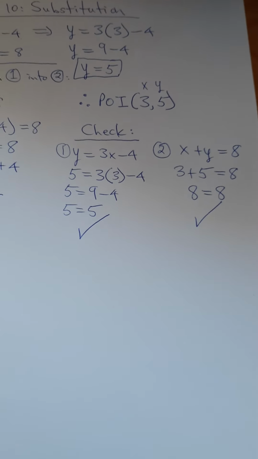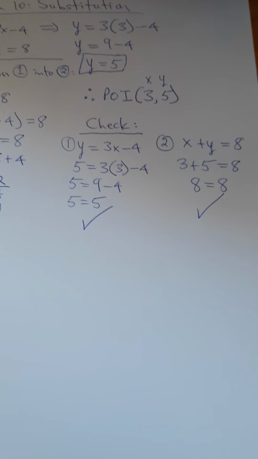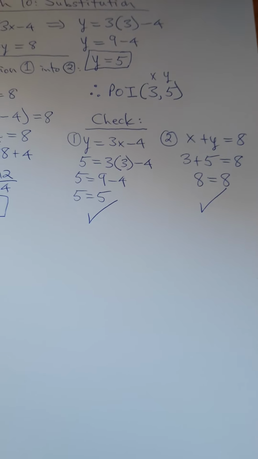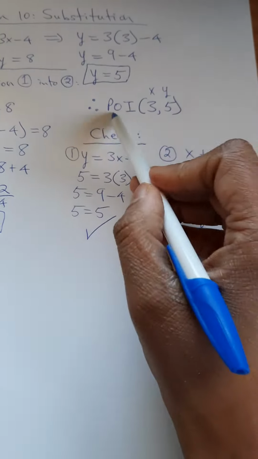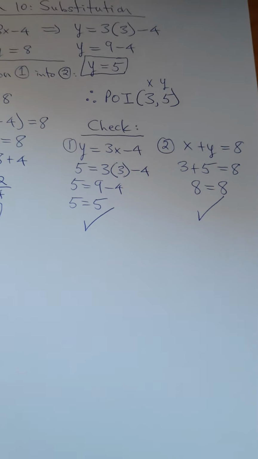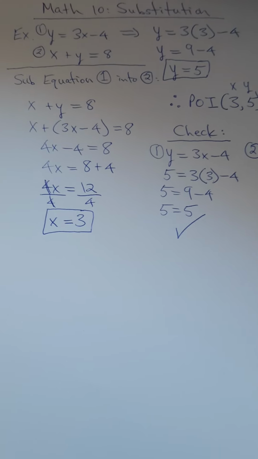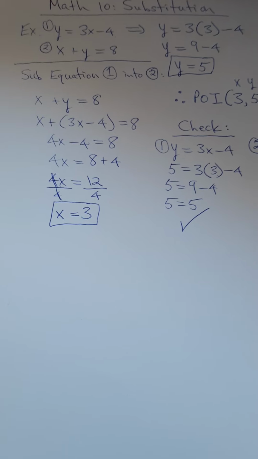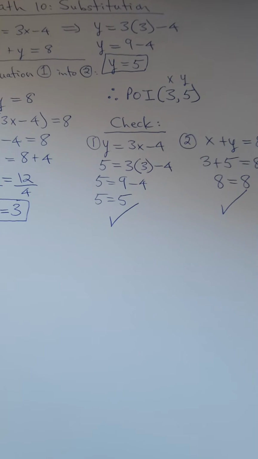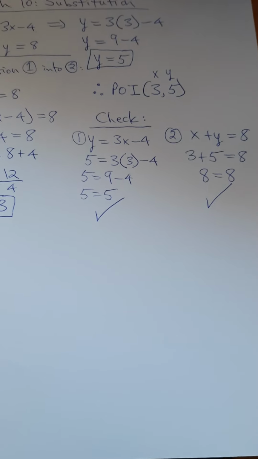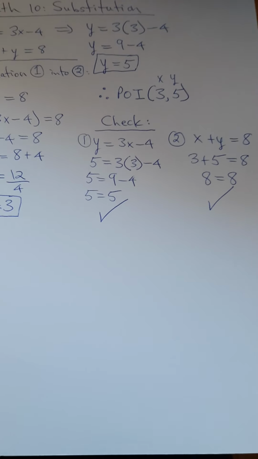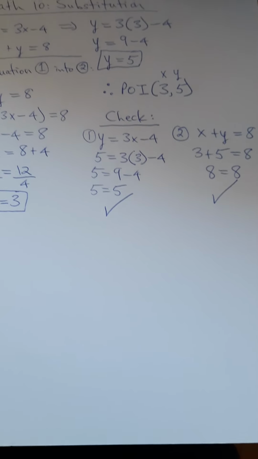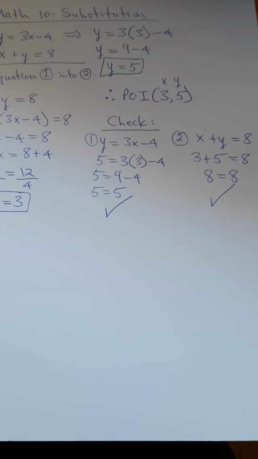Does everyone see that? So now I can say with 100% certainty that I have the right answer for the point of intersection. And even if you were to use the graphing method and graph out the two equations, the point of intersection should be 3 and 5. Both of these values are positive. Are there any questions there?